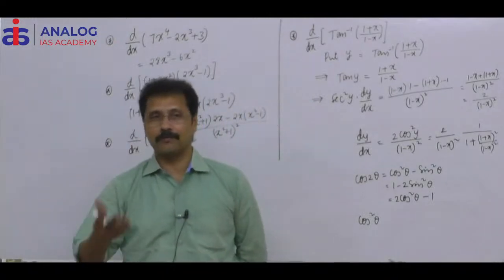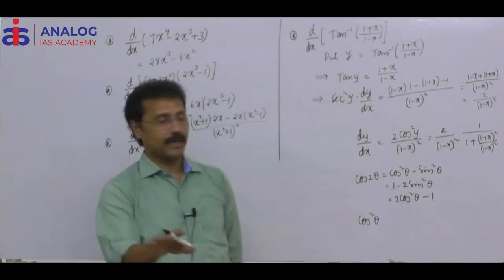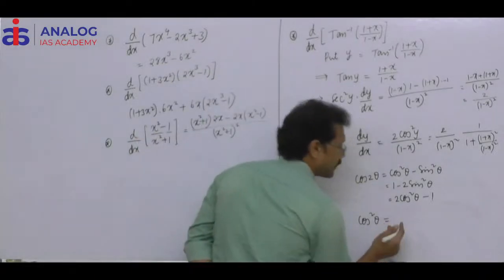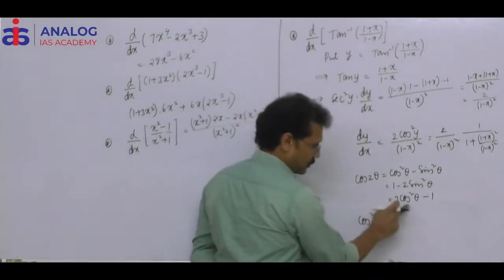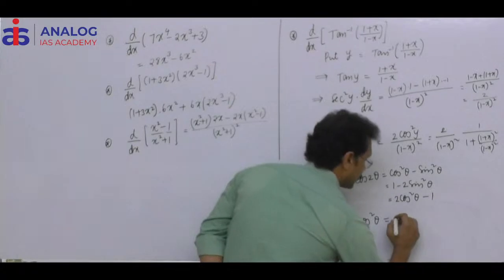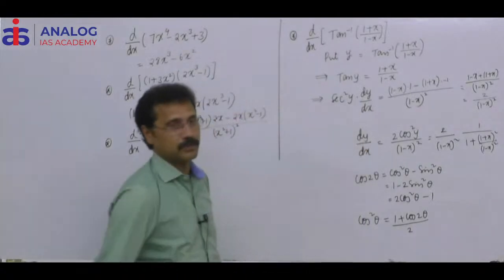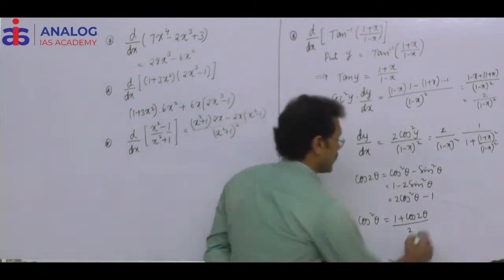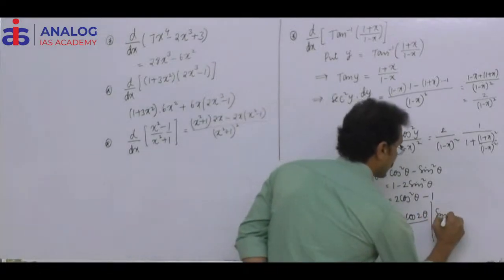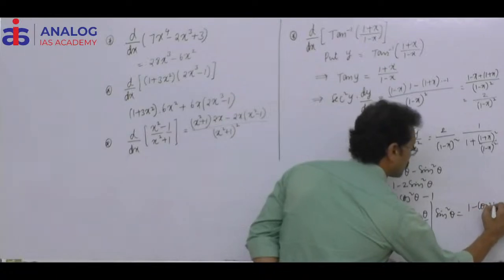Integral of cos theta we know, but how to integrate cos square theta? In such cases you need to simplify cos square theta. From here, cos square theta is nothing but 1 plus cos 2 theta by 2. Now integration of this becomes easy. Similarly, sin square theta is nothing but 1 minus cos 2 theta by 2.